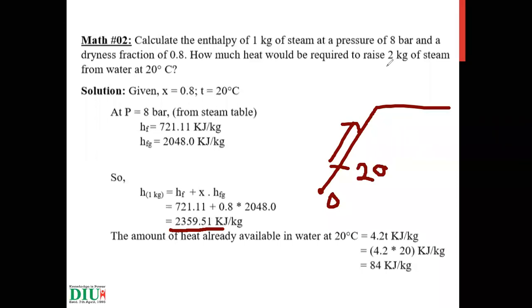If we multiply with 2 kg, this amount of heat will be extra. So we have to subtract this extra value because we are not told to find out from 0 degrees Celsius. We are told to find out from 20 degrees Celsius.